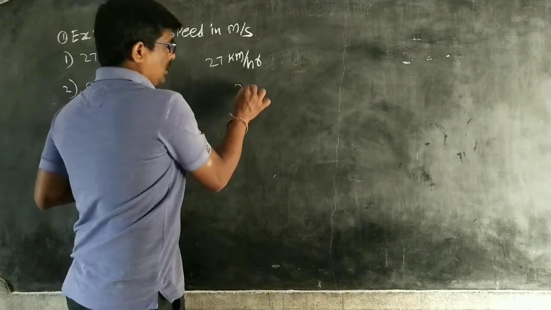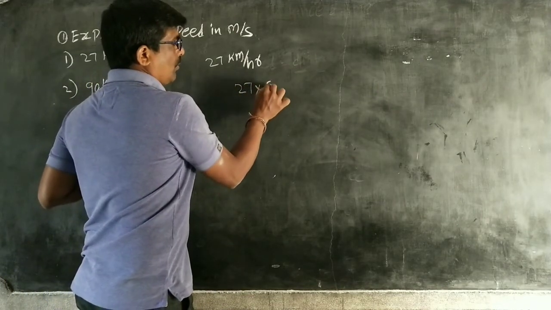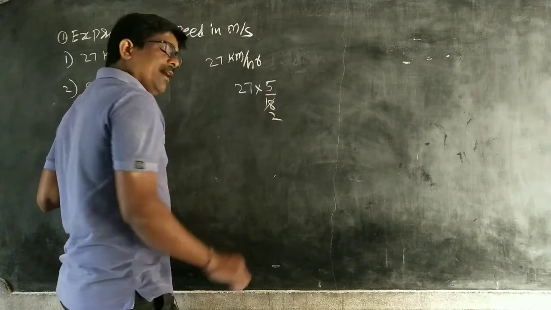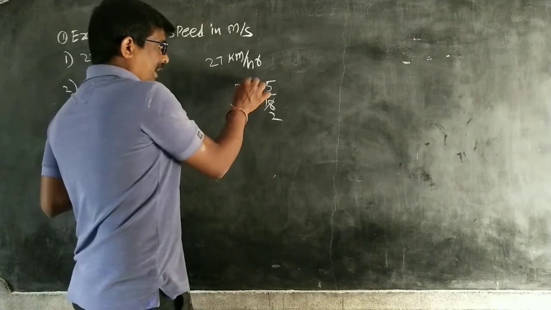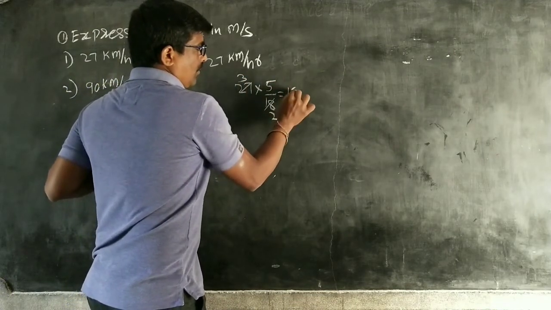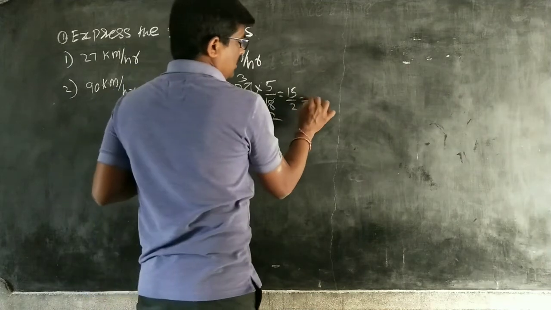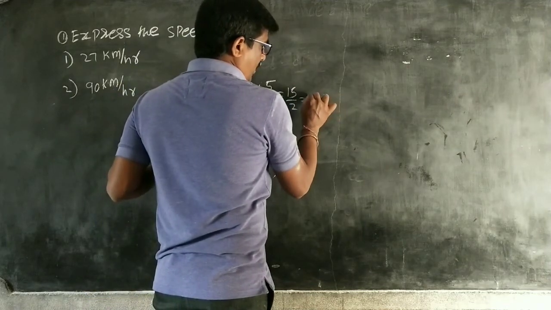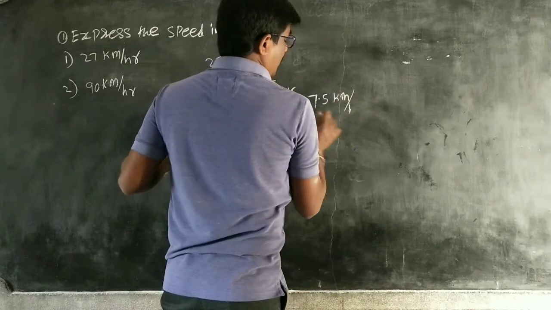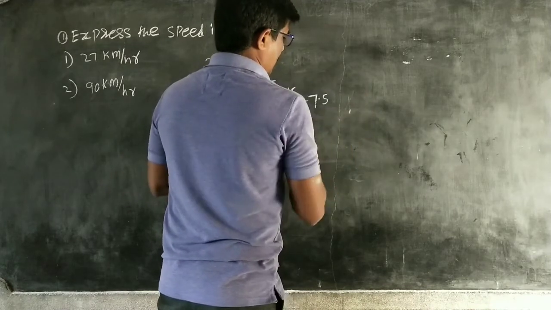That is equal to 27 into 5 by 18. 9 2s are 18, 9 3s are 27. 3 5s are 15 by 2. That is equal to 7.5 meters per second.